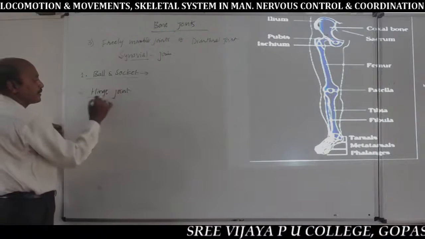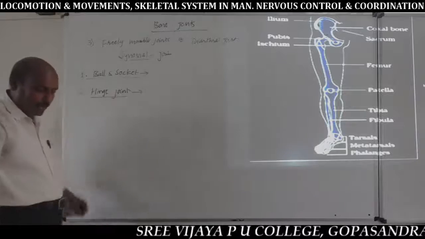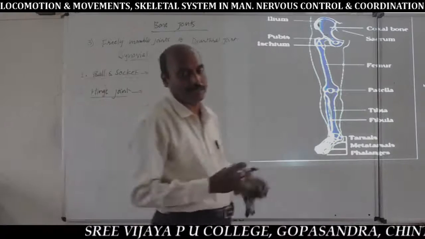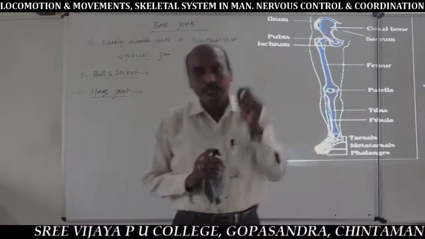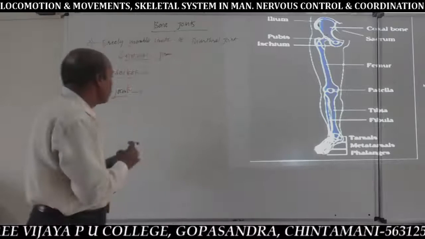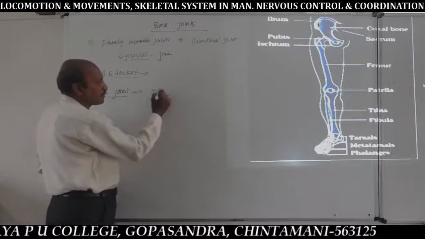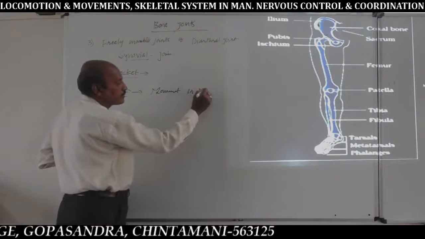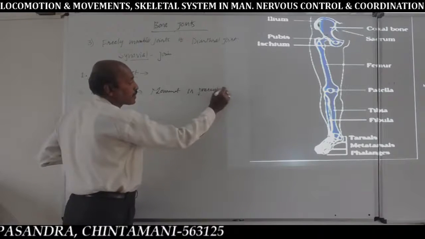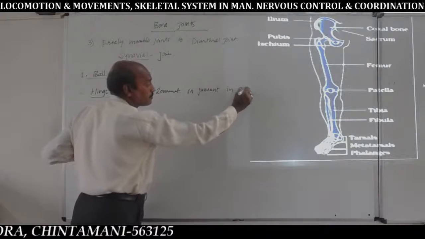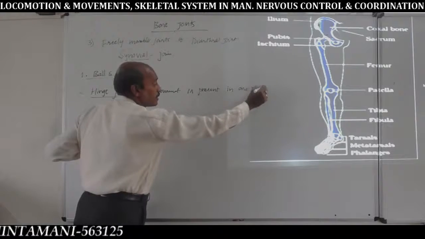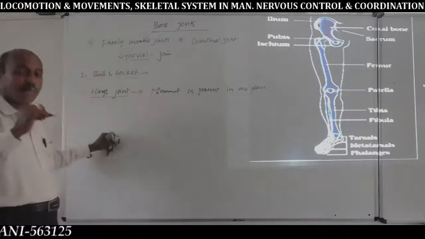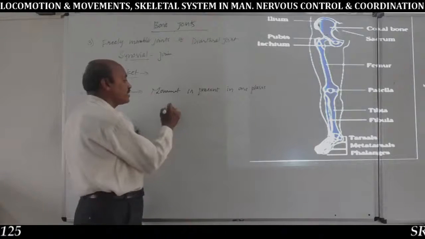Hinge joint. See, here the meaning of a hinge joint is, in this type of joint, movement is present in one plane, along through transverse axis.